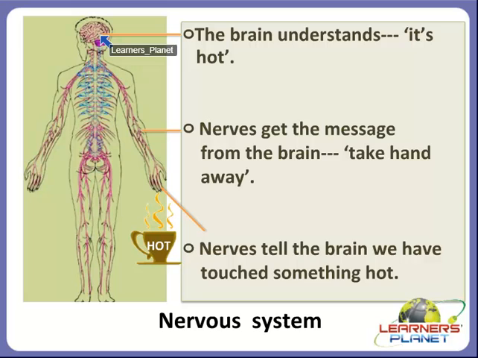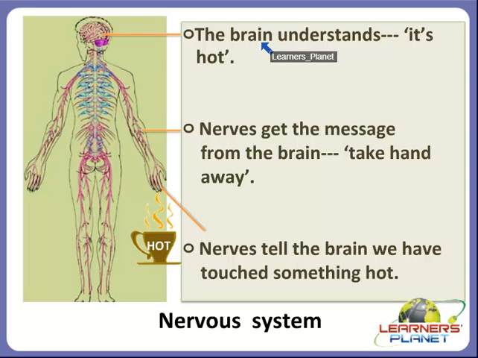So what will happen when the brain understands that something hot is touching our skin? Then the brain will give a message to the nerves, right? The nerves get the message from the brain to take the hand away from this hot object. So after that, what will happen? We will pull our hand back immediately.